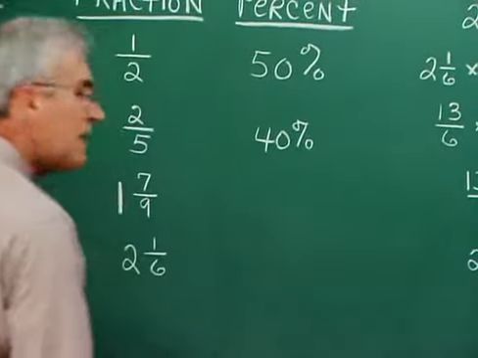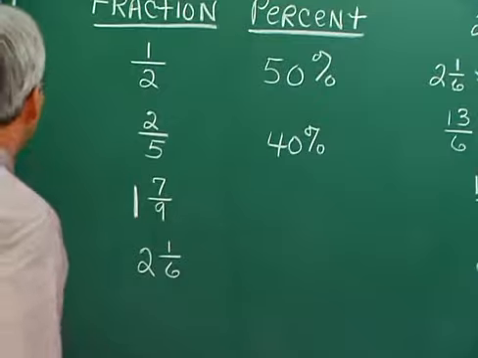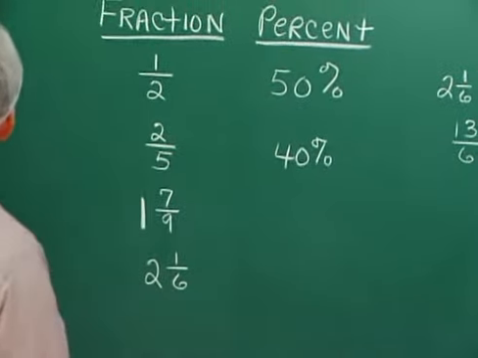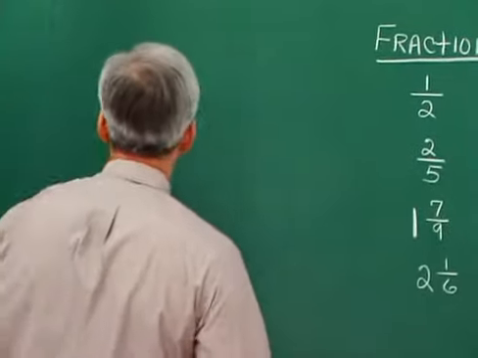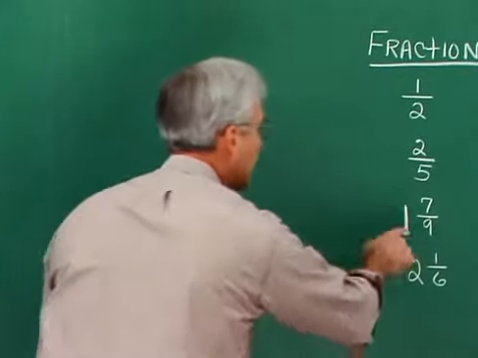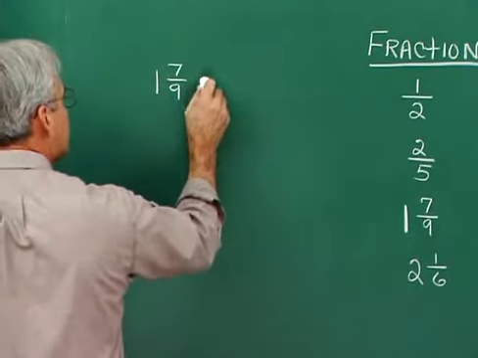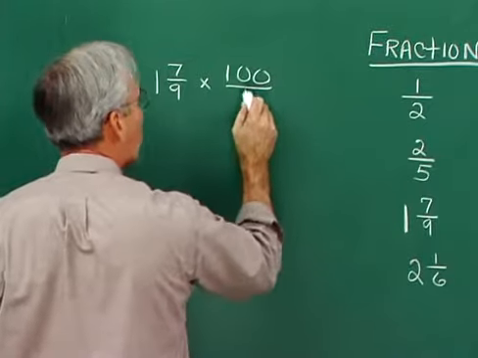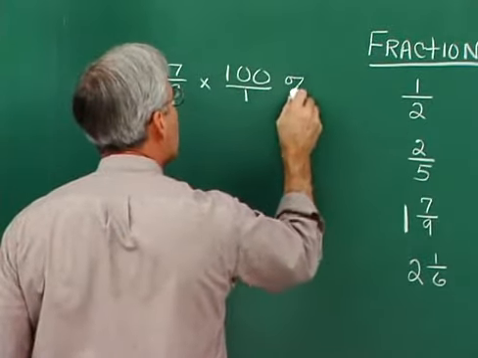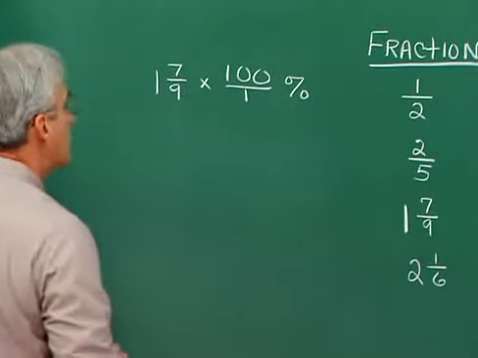1 and 7/9. 1 and 7/9 as a percent. Let's do this one over to the left, because there's a little more manipulation to it. But the fundamental idea is 1 and 7/9 times 100%, which we think of as 100 over 1 in fraction form, and we're just tacking on that percent sign.